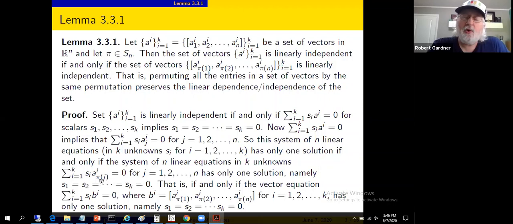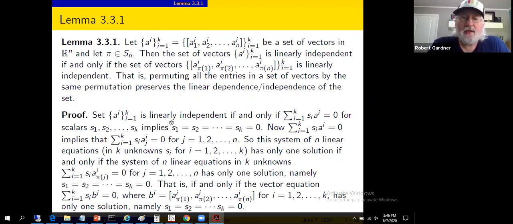So we've taken the question from a question about linear independence of vectors and rewritten it in terms of a question involving systems of equations. The pi permutation just moves the equations around, changes the order of the equations, same collection of equations, so same solution. So unique solution up here, if and only if unique solution down here, namely that unique solution being all zeros.